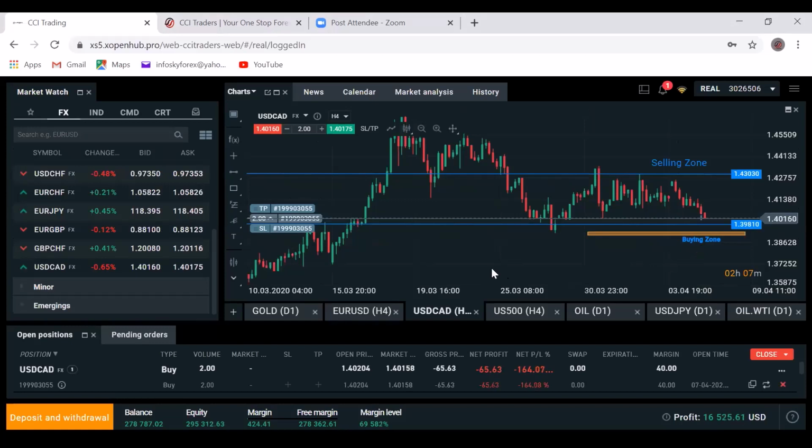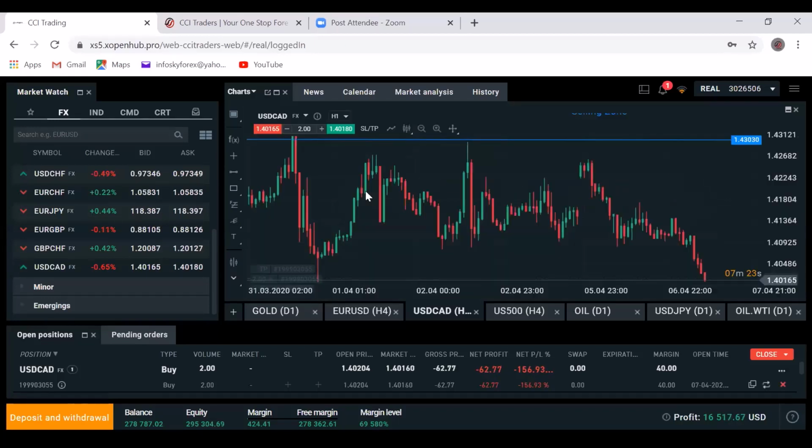Yes, it's on a buying zone, because here is known as resistance. So if you break this resistance, it's expected to be at 1.38 or 1.37. So currently it's on a buying zone. On the 1 hour trade analysis, you can also see it is getting to an oversold position.